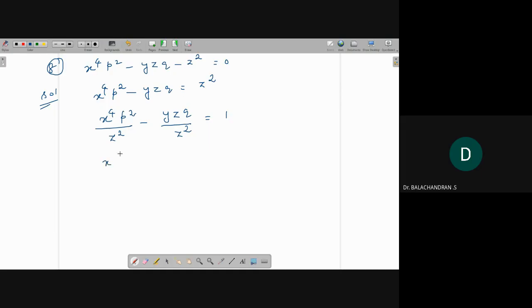So this is nothing but x square p z power minus 1 whole square minus, here you can cancel one of the z, then you can write y z power minus 1 q is equal to 1. Here, what is the value you can find from here?